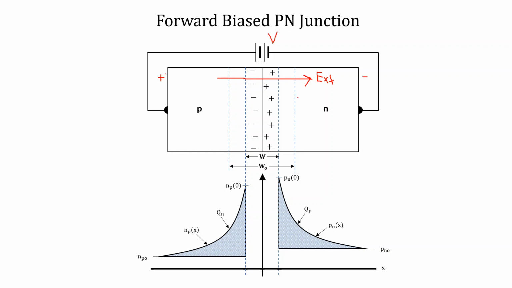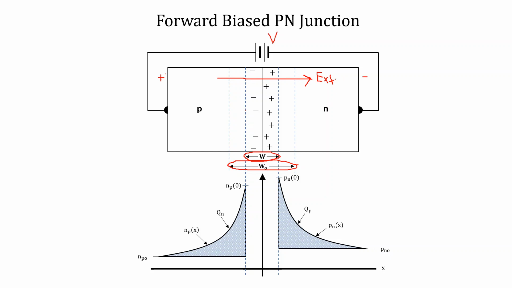That diffusion process will be supported by this external electric field because it has the same direction. The depletion layer width will reduce. So initially if the width was W naught, now the width becomes W, which is smaller than W naught.